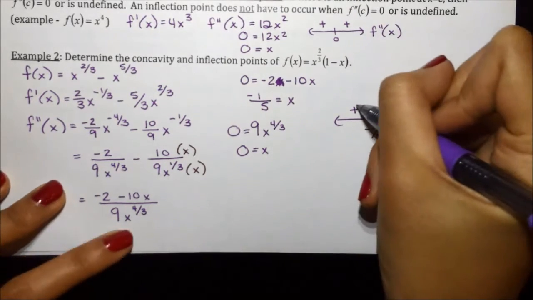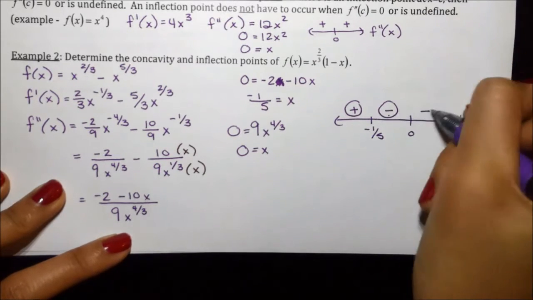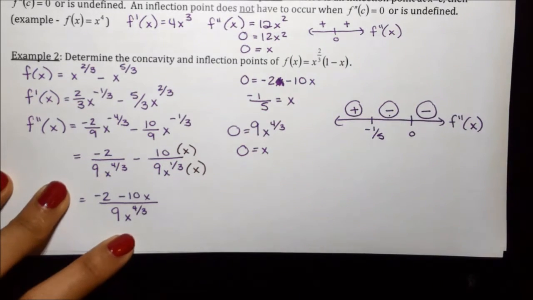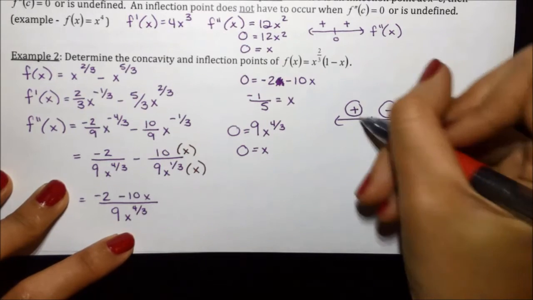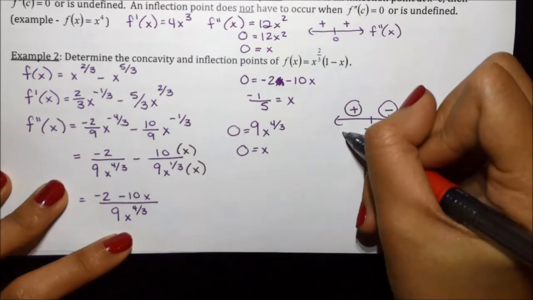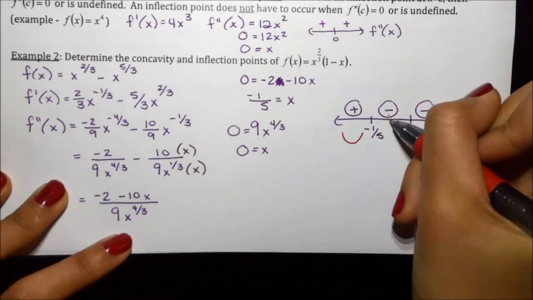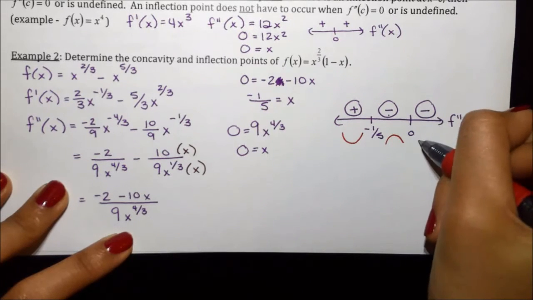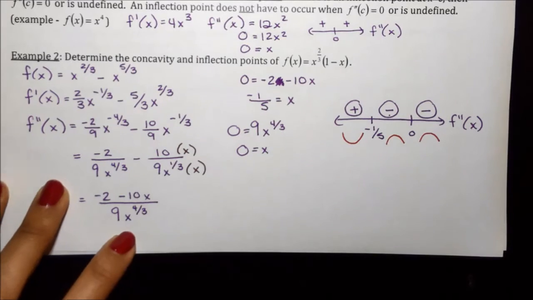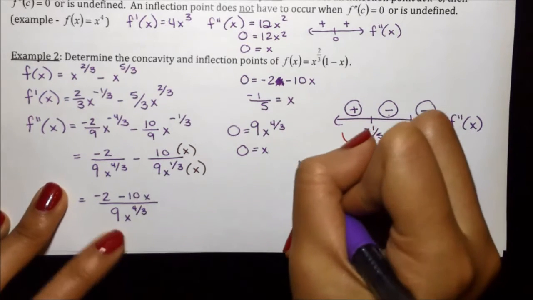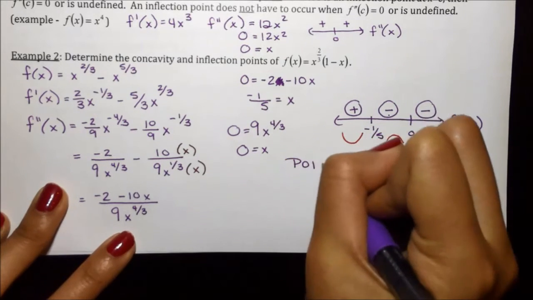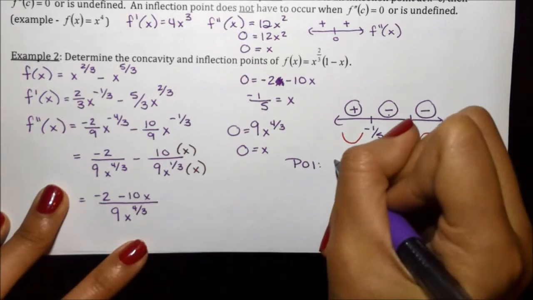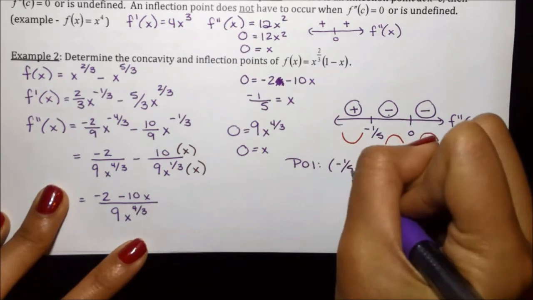Okay, so what that means is that in this section of the graph, I am concave up. In this section of the graph, I'm concave down. And in this section of the graph, I'm concave down. There's only one point where I'm going to have a point of inflection, and that's at -1/5.